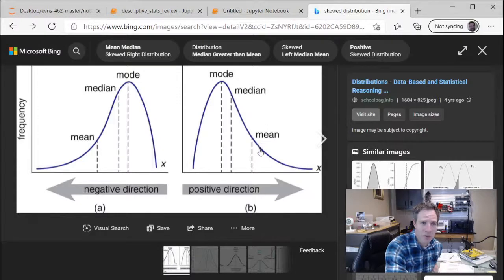So the median won't be as large as the mean. The mode is the most frequent value, but if you're thinking about binning values, the most frequent bin is going to be at the peak of the distribution in a histogram. Okay, so you should know these relationships between mean, median, and mode. Just qualitatively, not quantitatively, but if you see a distribution and it's skewed, you should know how that skew affects these measures of central tendency.